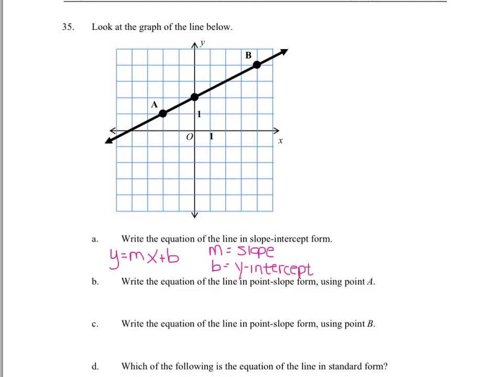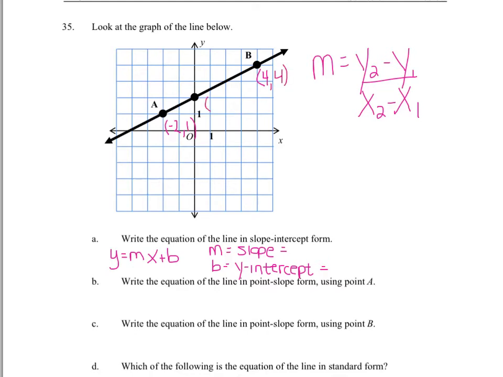So let's first figure out the slope. There's a couple ways to do this. First of all, we can do it by picking 2 points and doing y2 minus y1 over x2 minus x1. Let's say I pick the points here, -2, 1, and 4, 4. It doesn't matter.